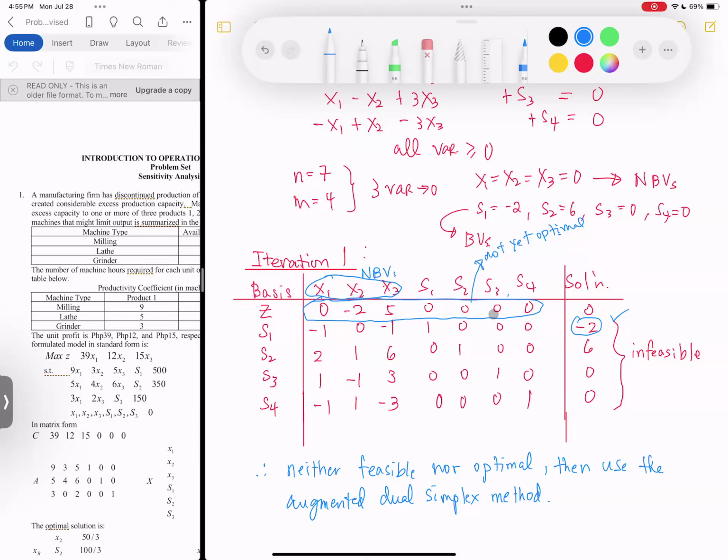This is what makes this one suboptimal or not yet optimal. So siguro better to phrase it, the variables that make it suboptimal. And in this case, among the 3 non-basic variables, there's only one that makes it suboptimal and therefore qualifies to be an entering variable. Okay? Is that clear?